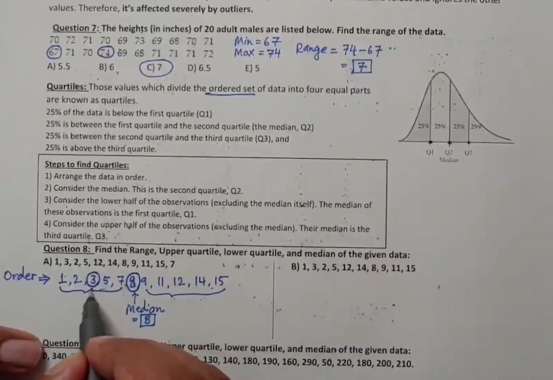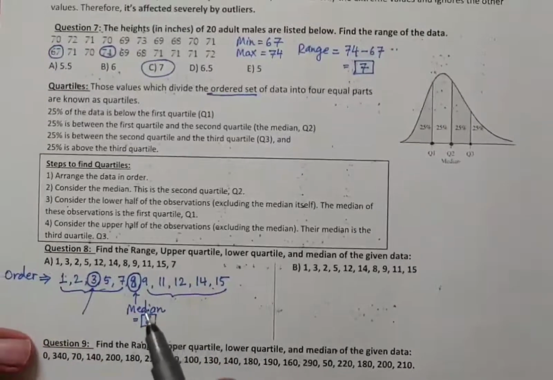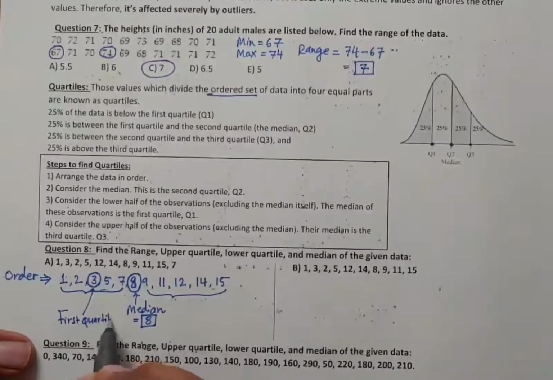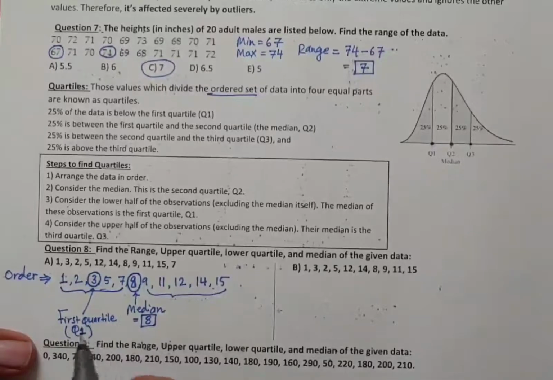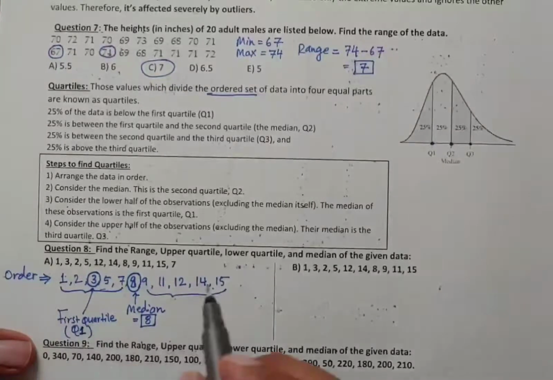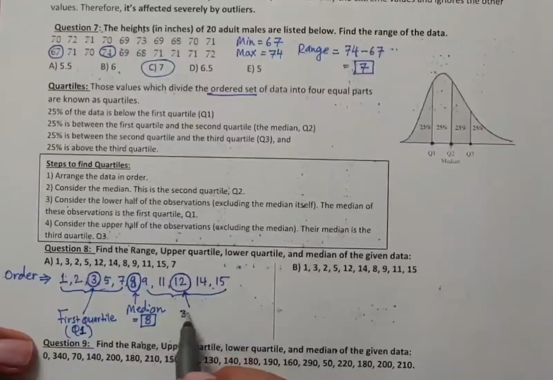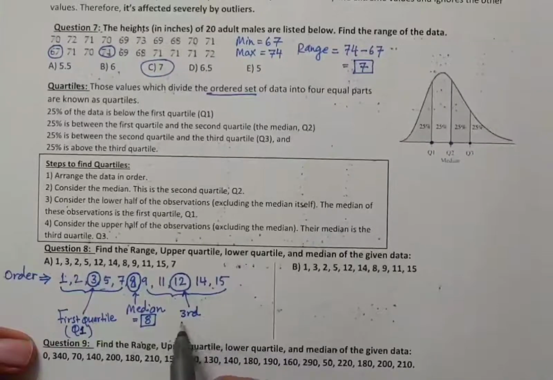This is the median of the first half, and this is the first quartile, Q1. So Q1 is 3. And from the second half, the median is 12. This is the third quartile, Q3.